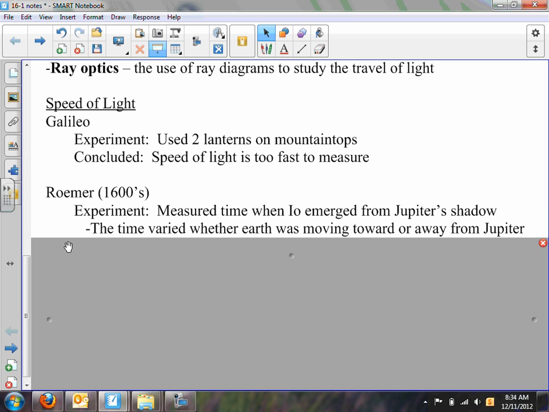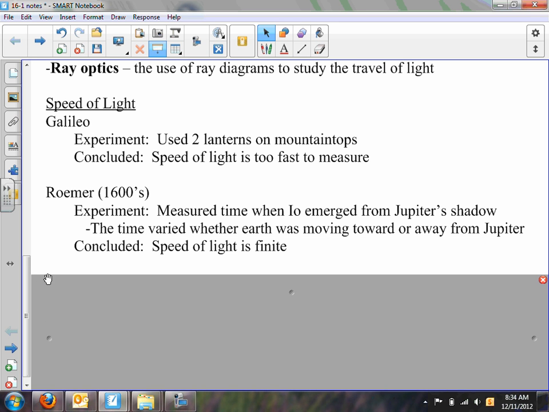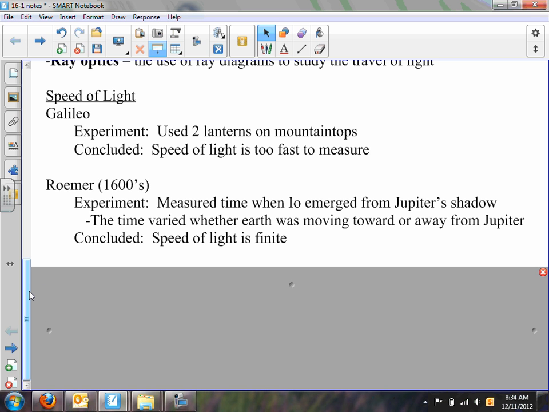If you're going towards Jupiter, that distance is decreasing; going away from Jupiter, the distance is increasing. There's a measured difference in time based on the direction we were going. So we still couldn't figure out how fast light was, but the conclusion was that the speed of light is a finite number. There definitely is a value for the speed of light. They just didn't have the technology to figure that out yet.